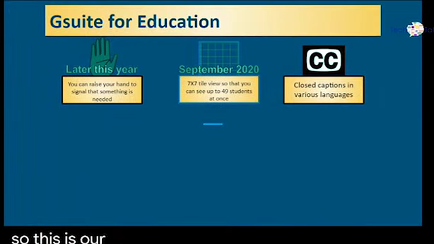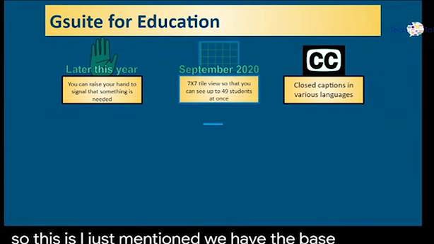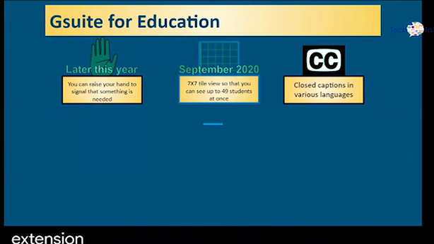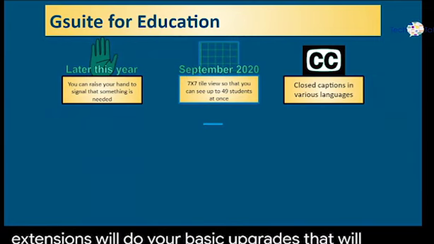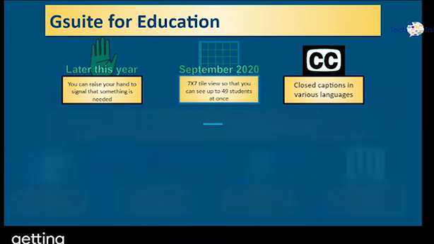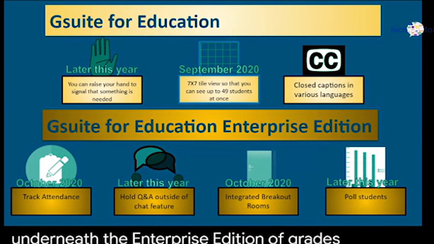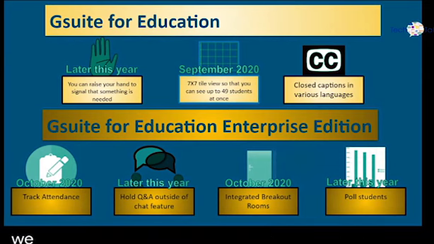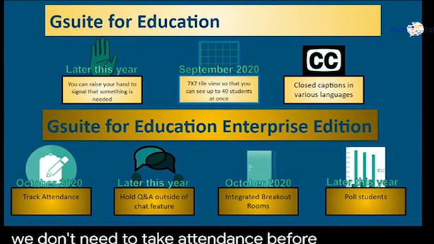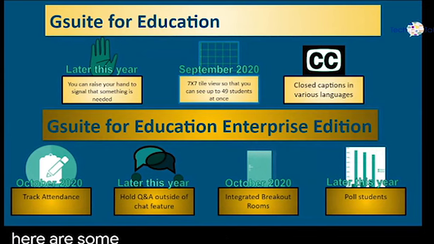Just as I mentioned, we have the basic upgrades that we'll be getting, and then these are the Enterprise Edition upgrades that will be happening. Attendance is underneath the Enterprise Edition upgrades. So unless we don't need to take attendance before October, here are some extensions that I love to use for my Google Meet.